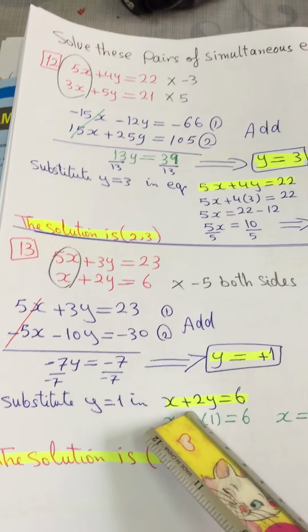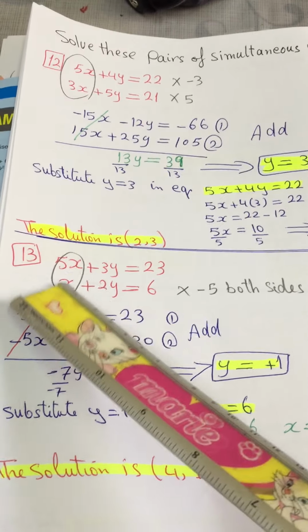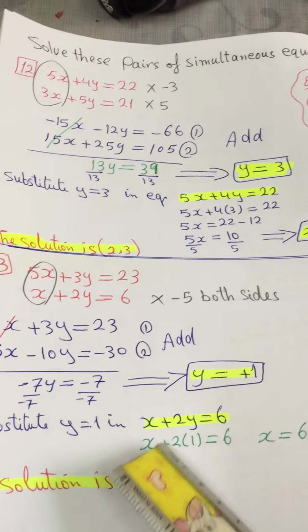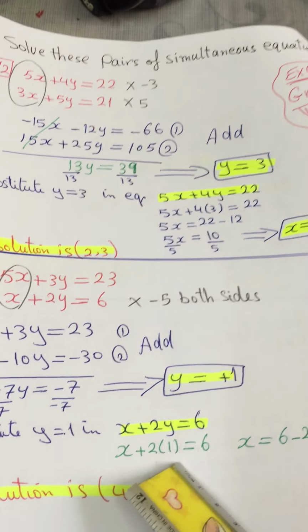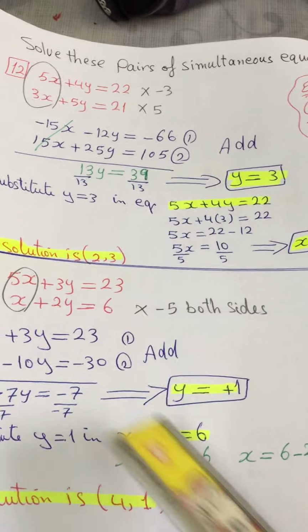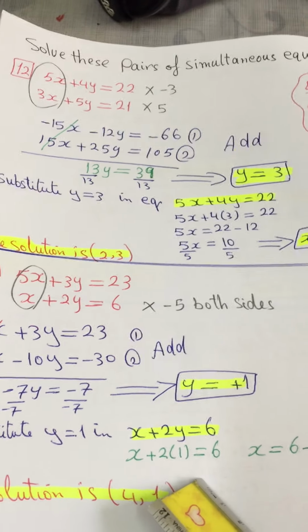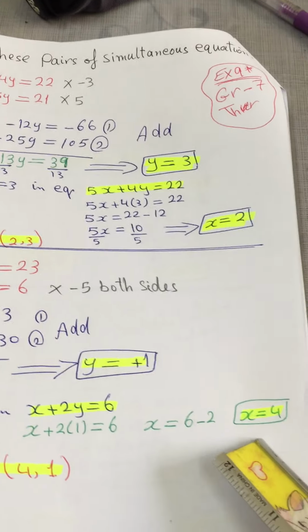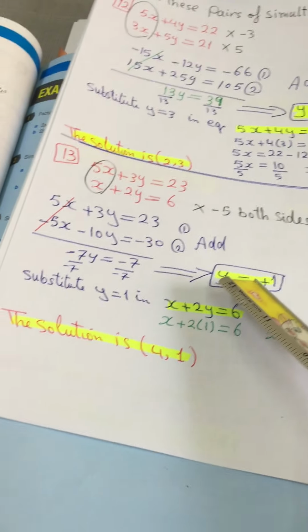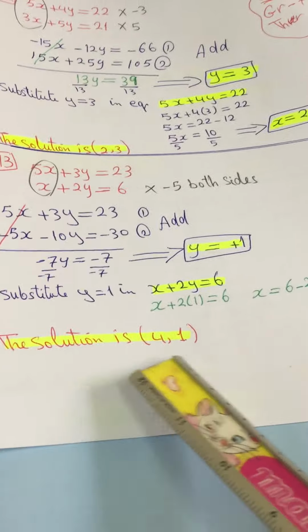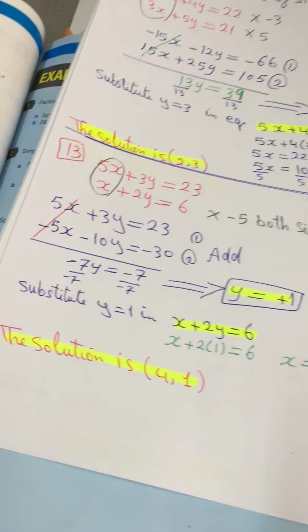I use this equation, x plus 2y equal 6, the easiest one. And x is x, plus 2 multiply the value of y, which is 1, equal 6. This is the equation I choose. Okay, so here x equal 4. Now I have x equal 4 and y equal 1. So the solution is x first and then y: 4 and 1.